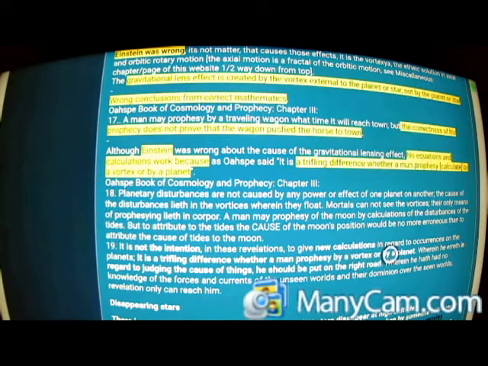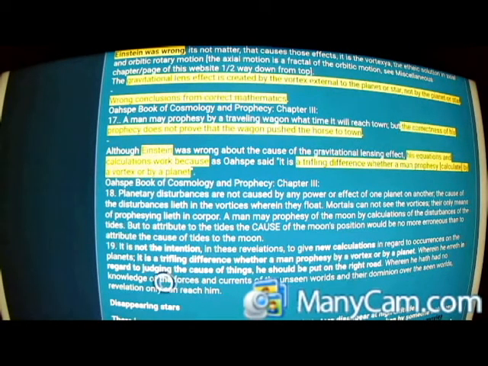Wherein he erreth in regard to judging the cause of things, he should be put on the right road. Wherein he hath had no knowledge of the forces and currents of the unseen worlds, which in this case means the vortexian currents and force, the unseen force, wherein he hath no knowledge of the forces and currents of the unseen worlds and their dominion over the seen worlds, revelation can reach him.